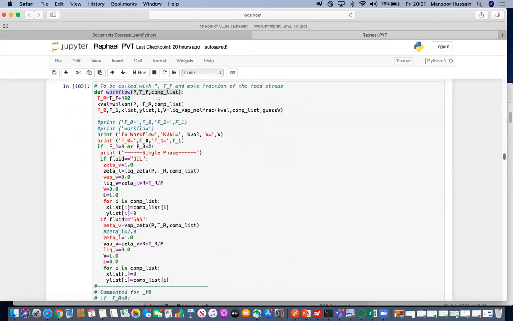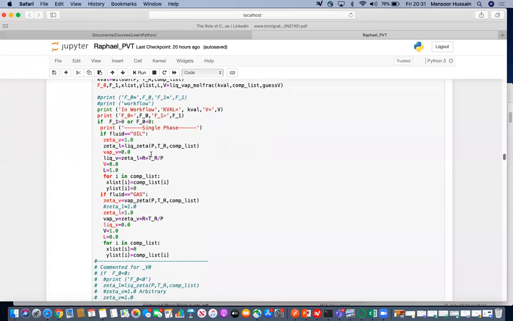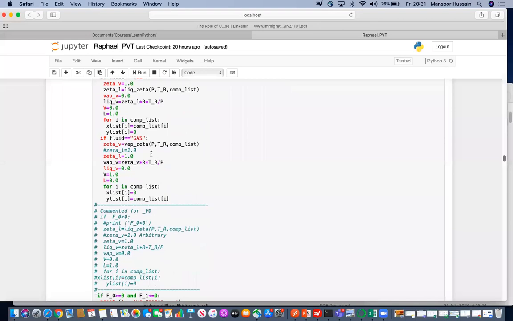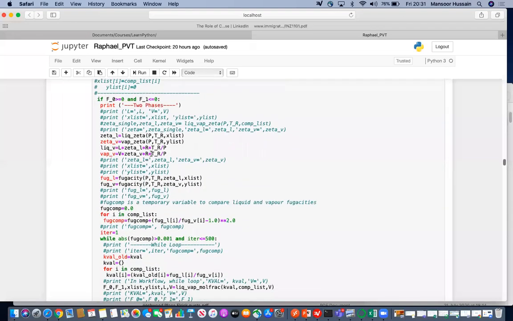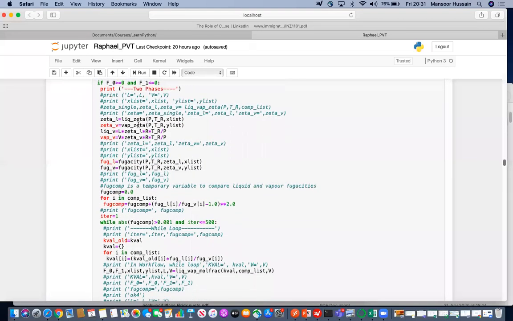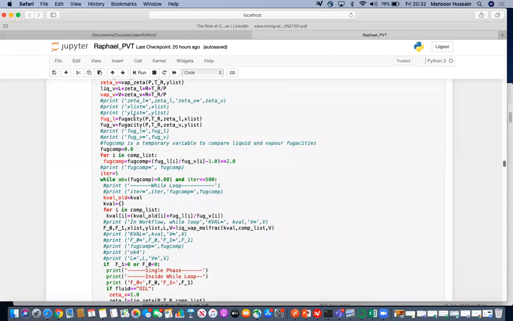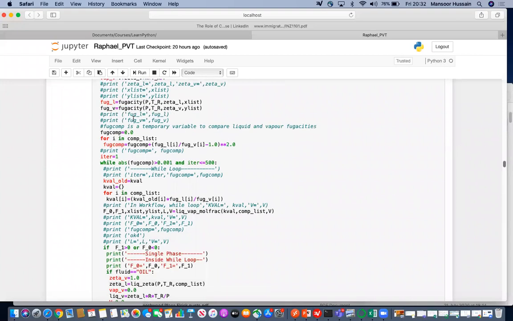Now, this is the crux of the matter. I'm calling it this function workflow, and this workflow is basically assimilating everything. To begin with, it determines if it's single phase or two phases. If it's two phases, then it determines the zeta for liquid and zeta for vapor, and calculates the fugacity for liquid and fugacity for vapor.